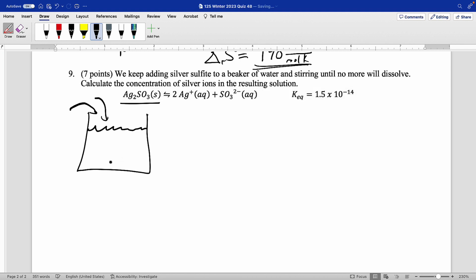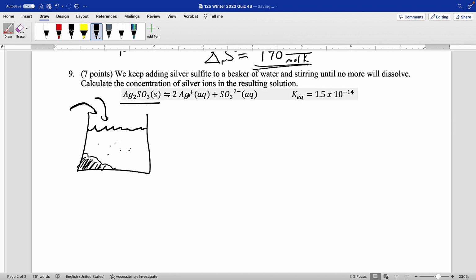We're going to stir and stir and stir, and we're going to keep going until we have solid left over. And that's how you know you have a saturated solution, right? If you have solid left over, and you've stirred it long enough, you know that whatever is up here in the solution must be a saturated solution because you've established this equilibrium. So we're trying to figure out what the concentration is of that saturated solution.